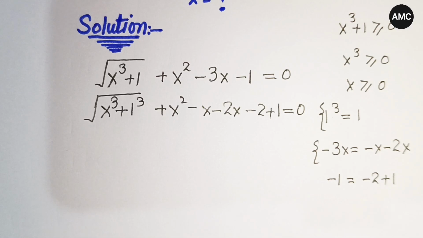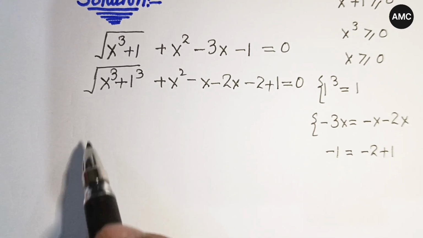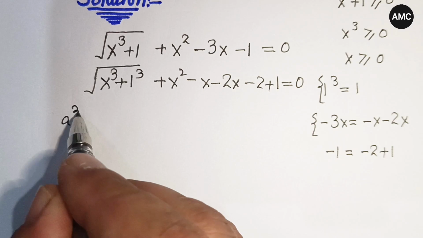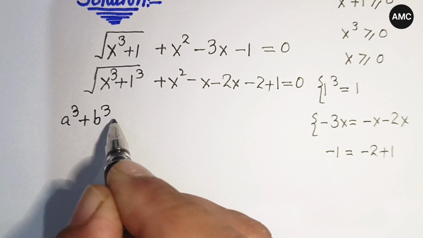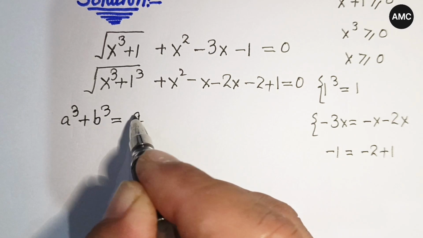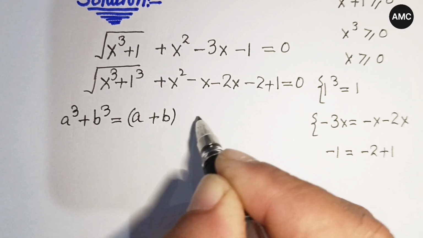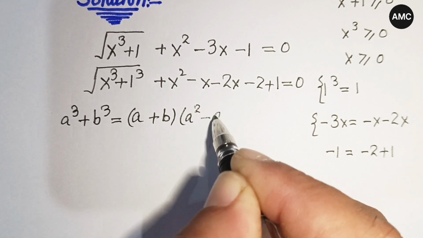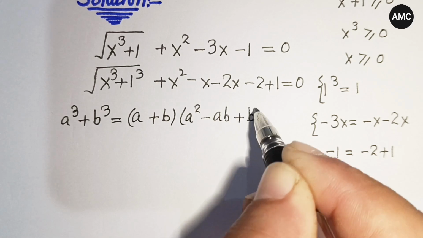Now according to the algebraic identity, a cubed plus b cubed is equal to a plus b times a squared minus a times b plus b squared.